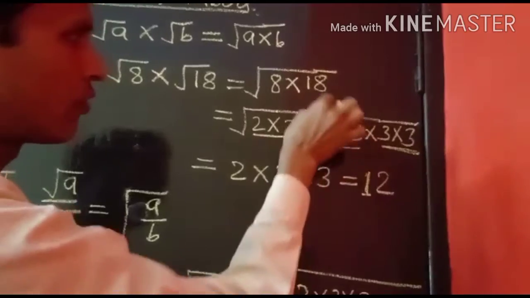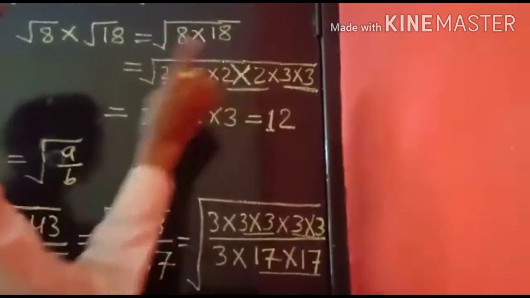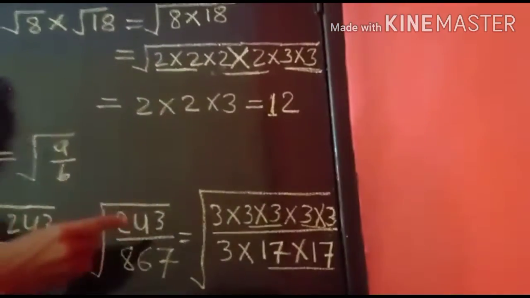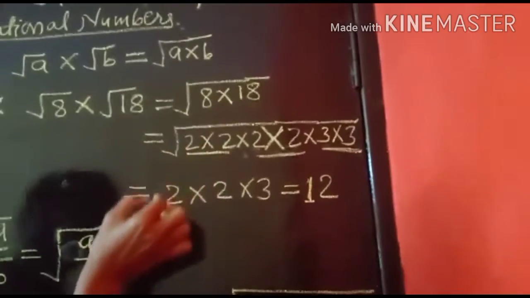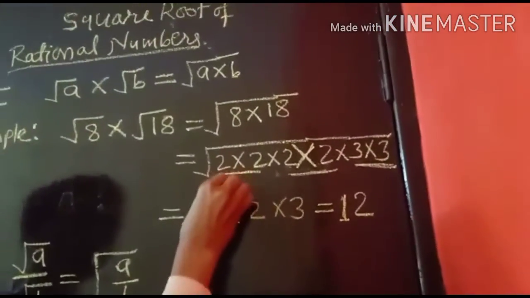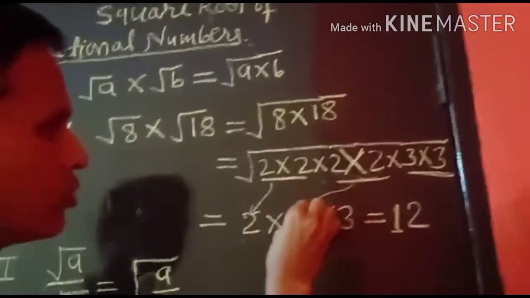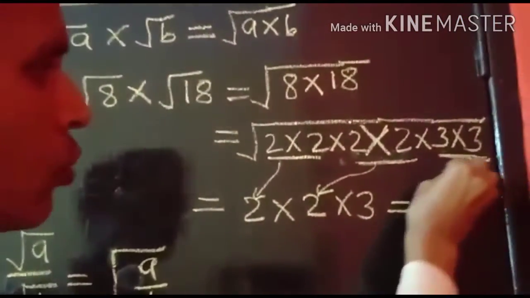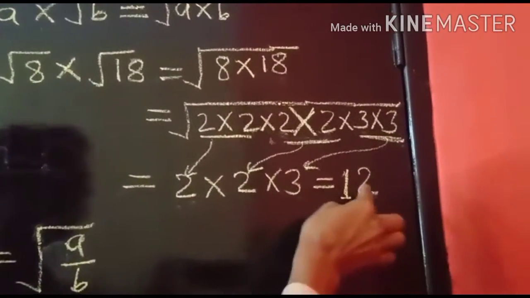This 2 of 18 and this 2 of 8 together make one pair. So we know that for finding the square root we take one from each pair outside the square root symbol. Out of this group 2, out of this 1, and out of these 3. So the answer is 2 into 2 into 3 is 12.